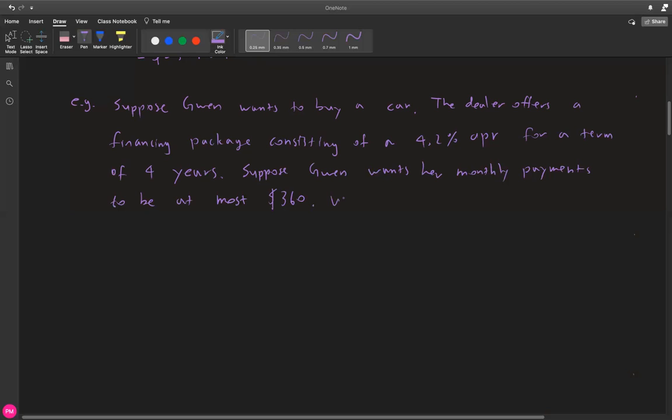Then in this case, the question is, what's the maximum amount she should finance?